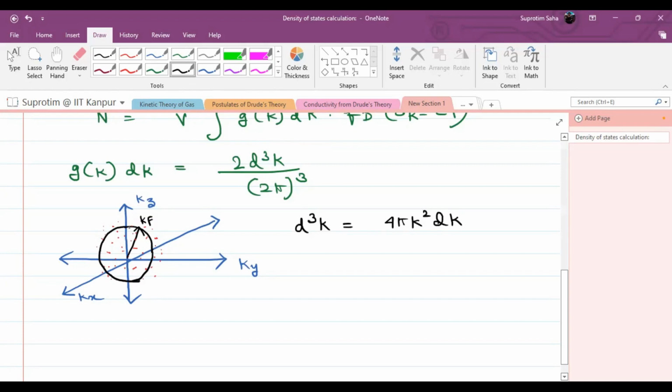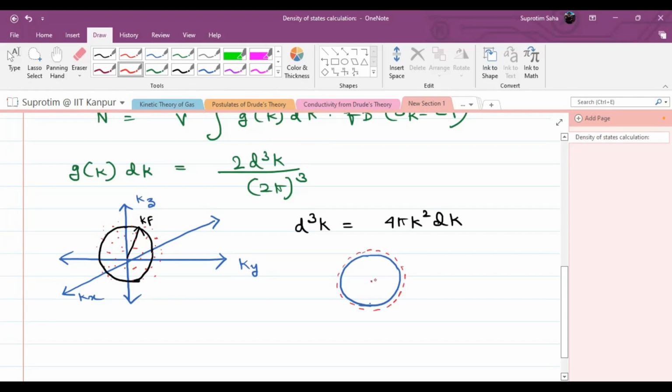If this is the Fermi sphere, you want to draw a thin shell around it, inside of which the electrons are present.